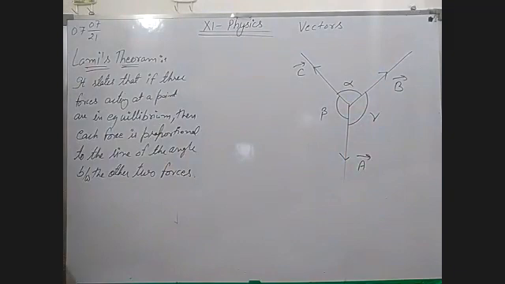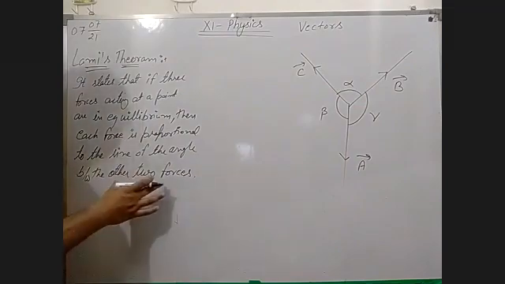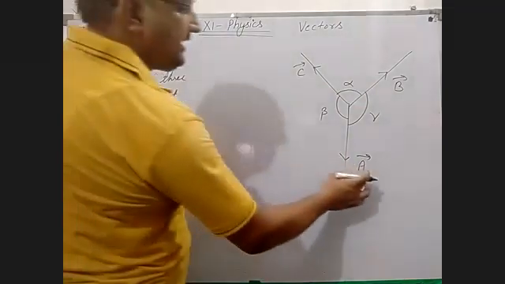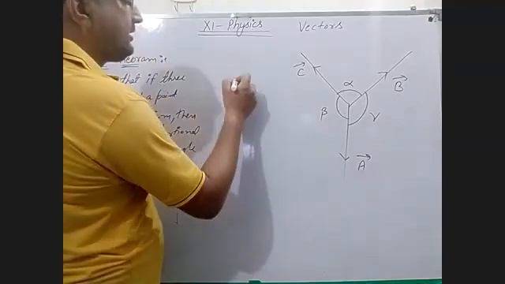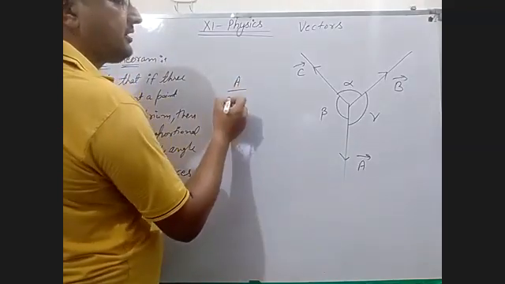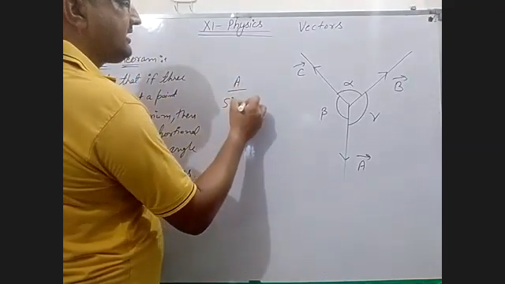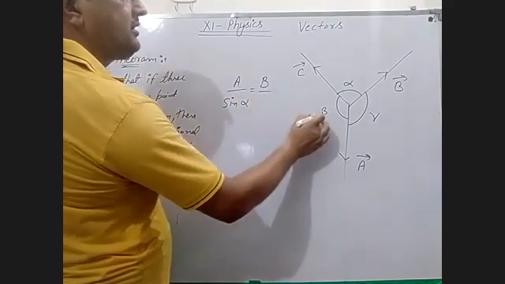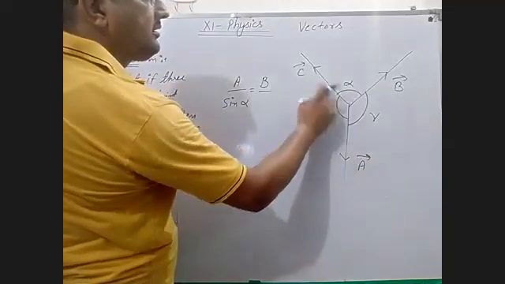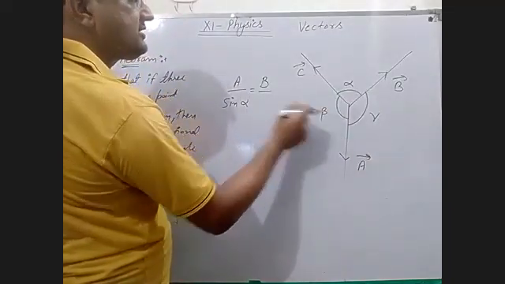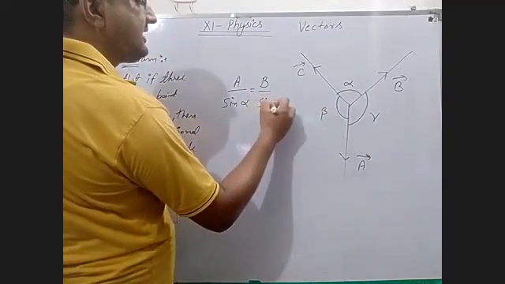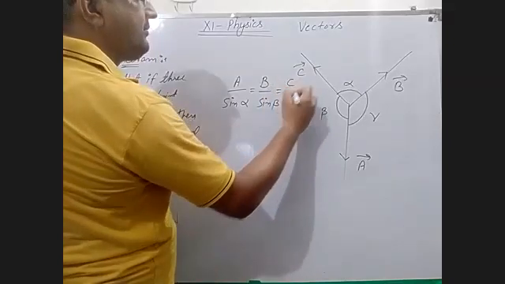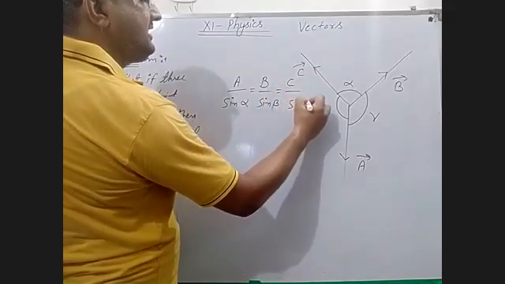According to this statement, A upon sine alpha is equal to B upon sine beta is equal to C upon sine gamma.